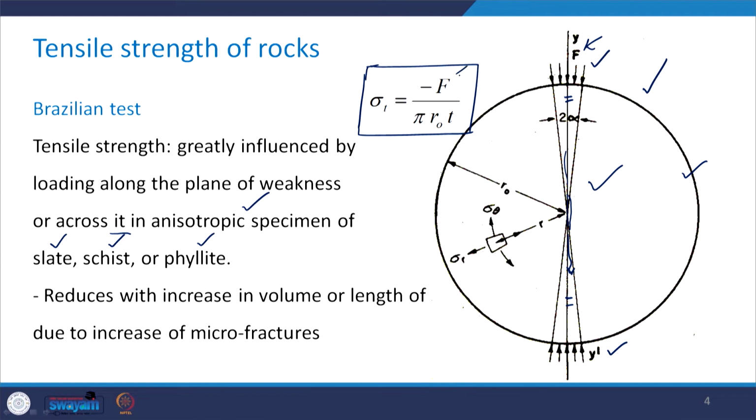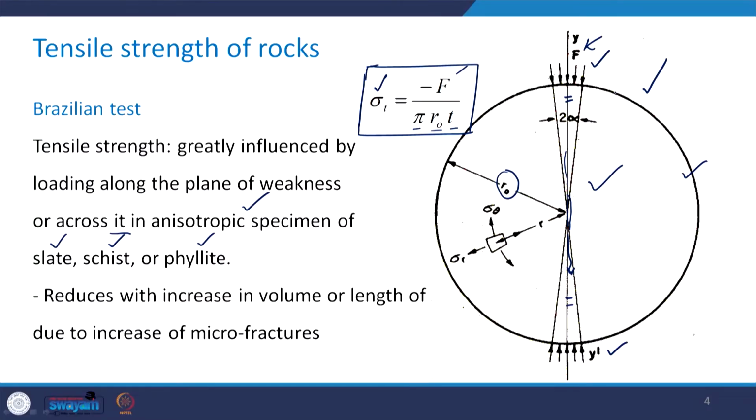That load divided by pi r naught into T will directly give you the tensile strength of the intact rock, where r naught is the radius of the solid disc and T is its thickness, that is the dimension in the plane perpendicular to the plane of the screen.